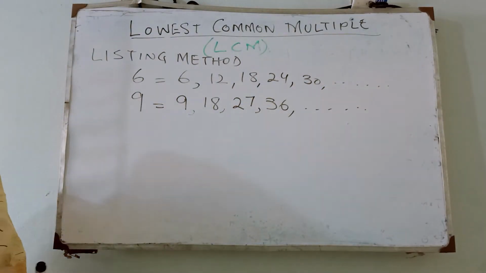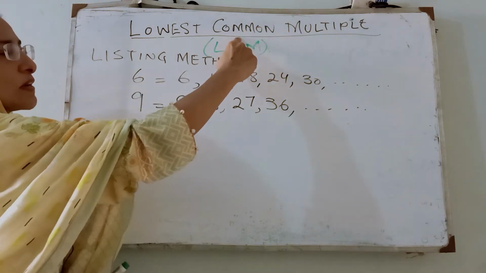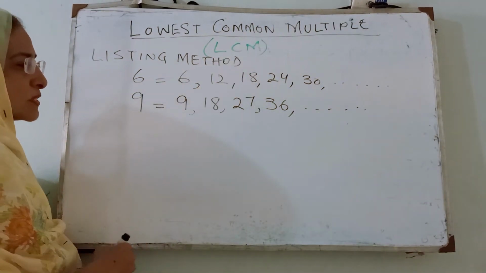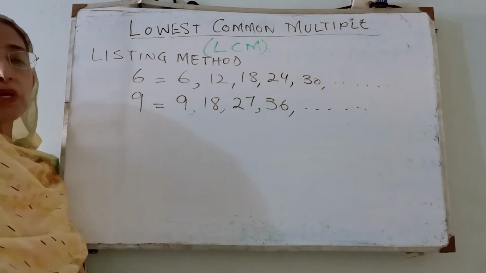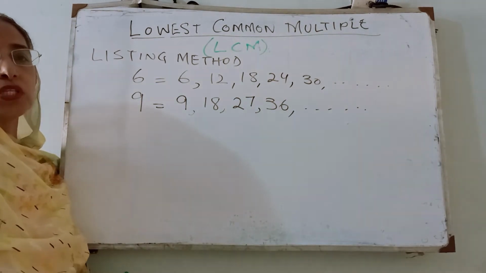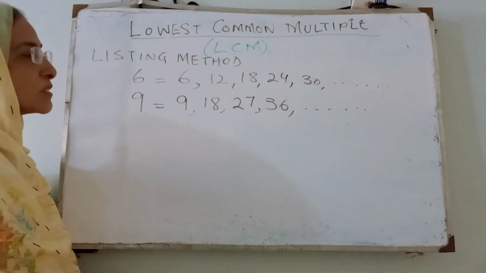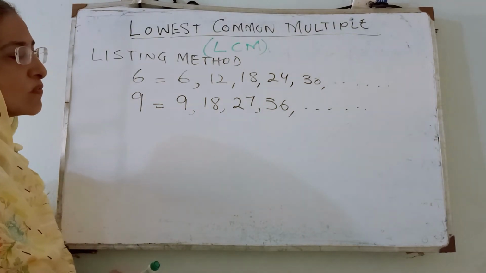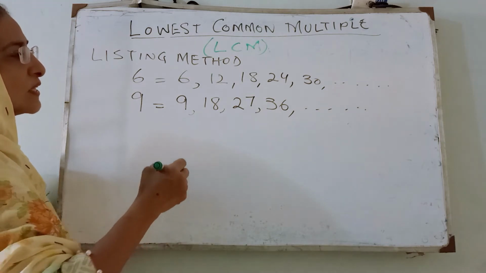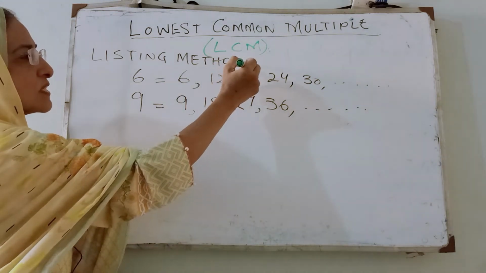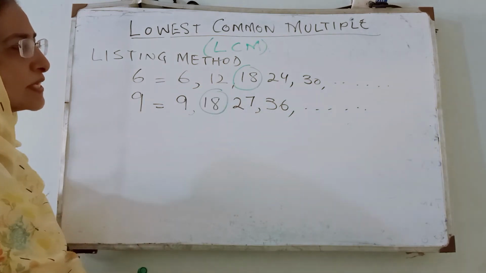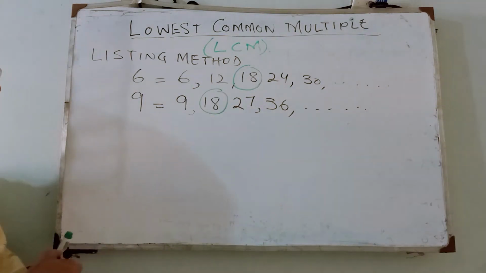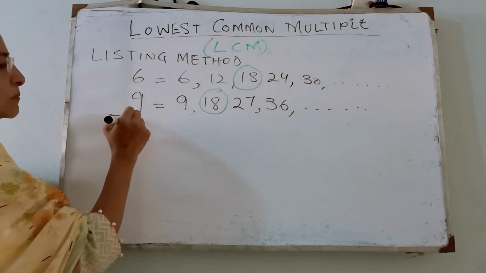After writing the multiples, I have to find the common multiples. Common multiples means the number which appears in the multiples of both numbers, or as many numbers as you are given in the question. As you can see here, the common multiple in both is 18.